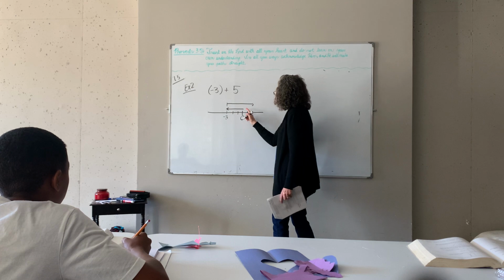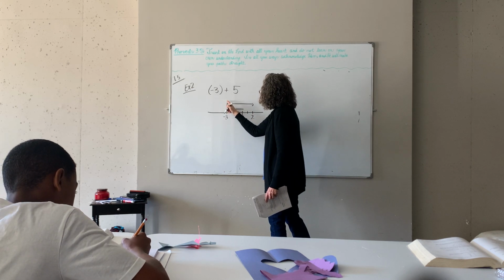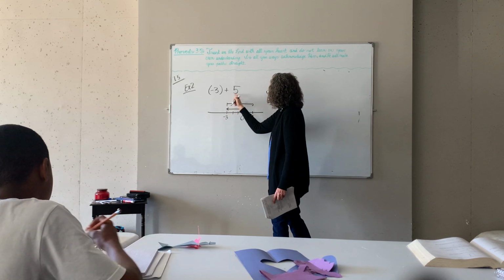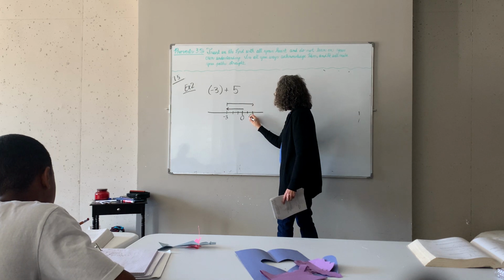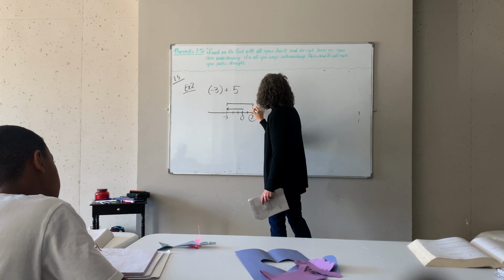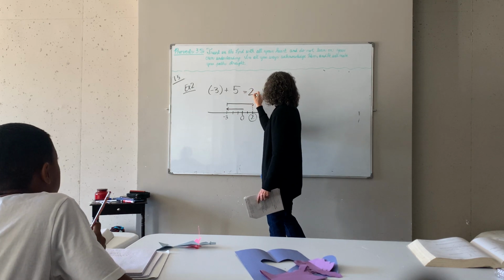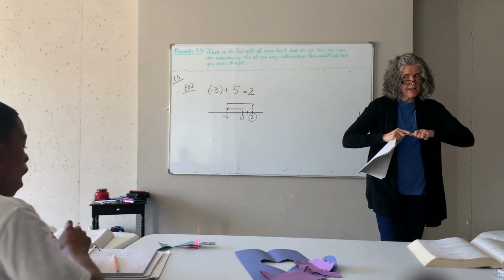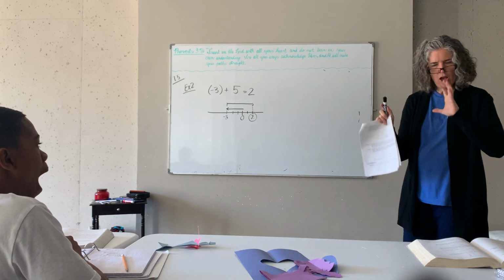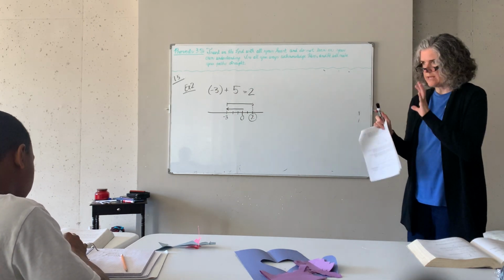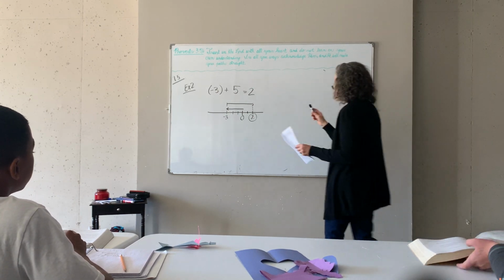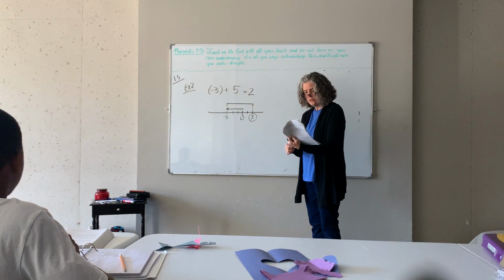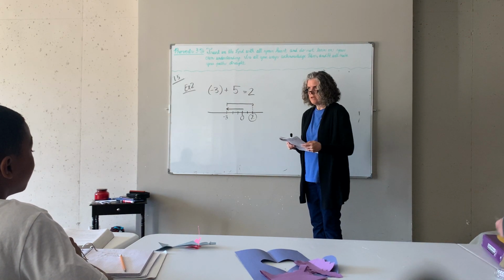Negative 3 plus 5, I went to the left 3, and then I stopped, and then I turned around and came back 5, and you can see you end at 2. So that's equal to 2. I highly suggest you check these as you go, because it's gonna help you understand sign rules as we get to those. But this section is basically absolute value and drawing number lines. I think y'all got it.